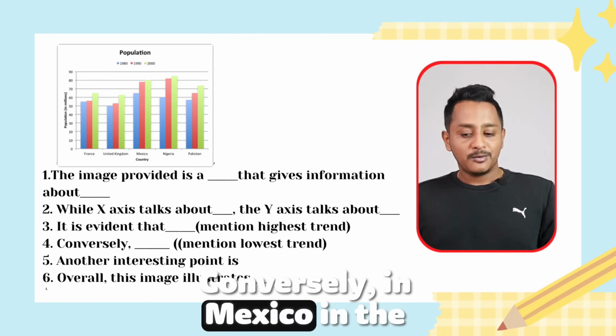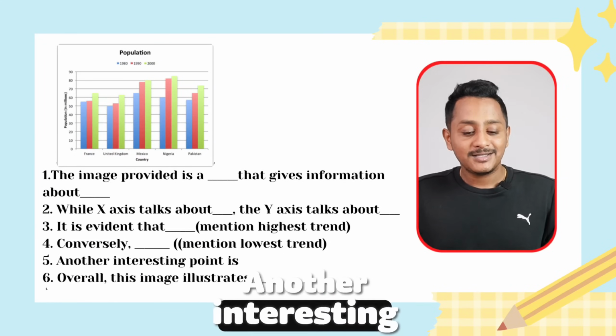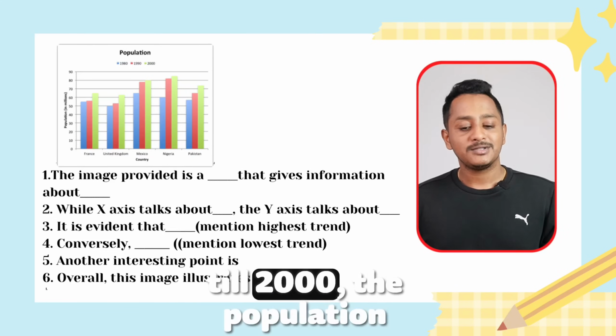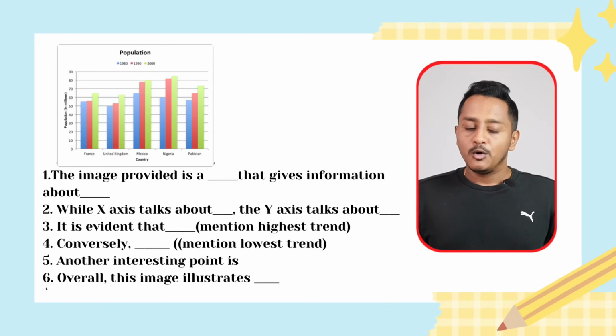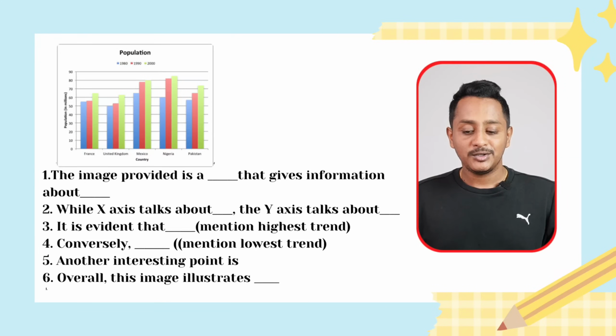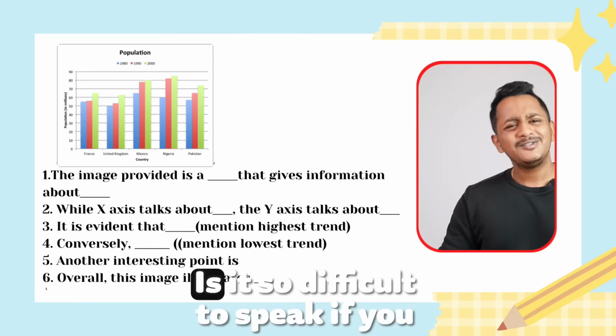Conversely, in Mexico in the year 2020, the population was at 80. Another interesting point is UK and Pakistan. From the year 1980 till 2000, the population remains very low. Overall, this image illustrates the population across various countries such as France, UK, Mexico from the year 1980 till the year 2000.